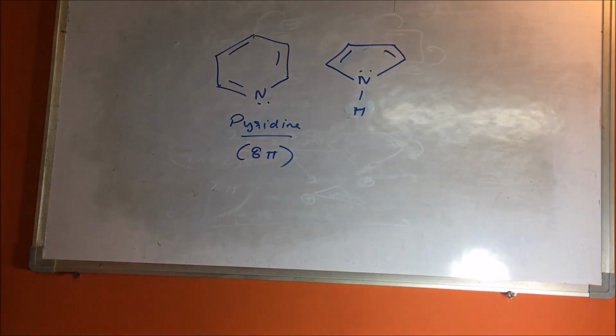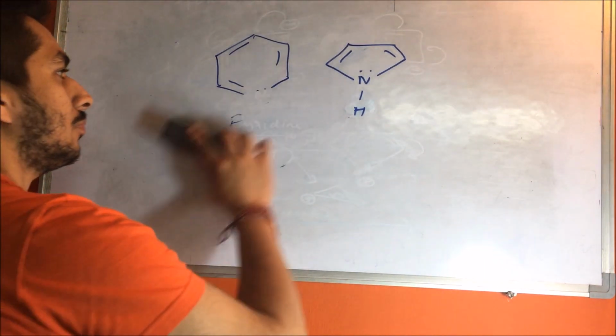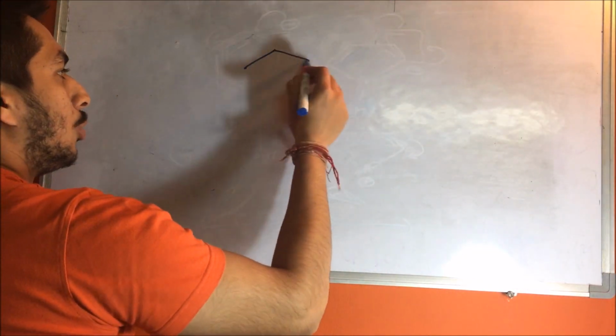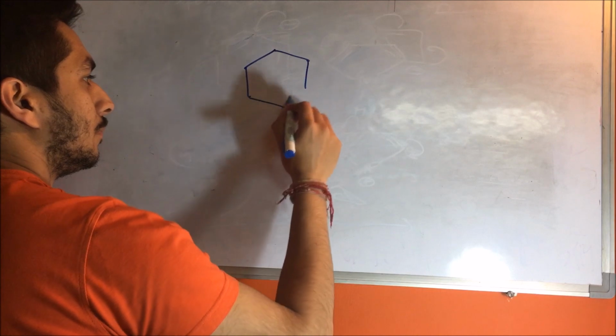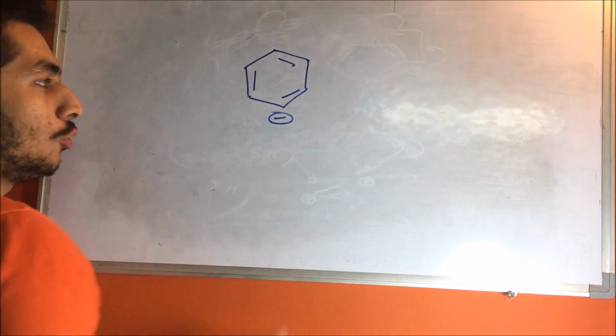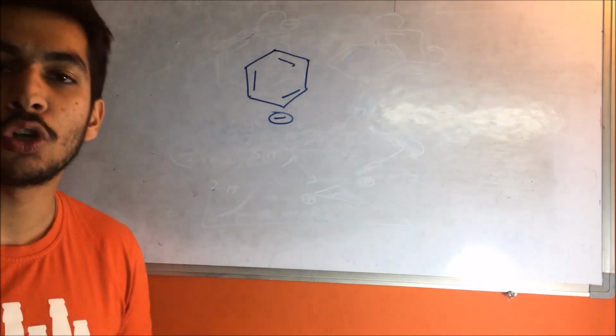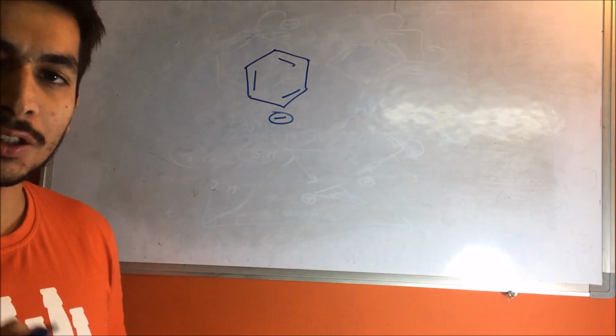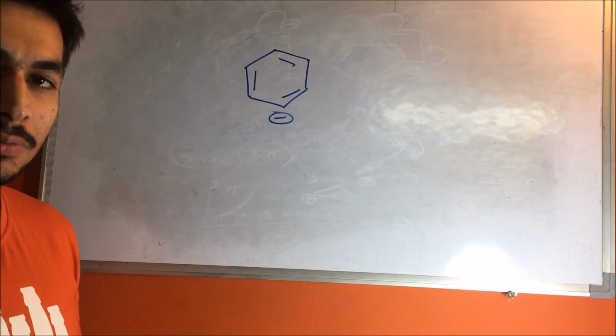Let me take another example to get more clarity. If I take this example over here, I know most of you might think this is an 8 pi system, but this is not an 8 pi system. Why? I told you this negative charge also acts as a 2 pi electron system, right?